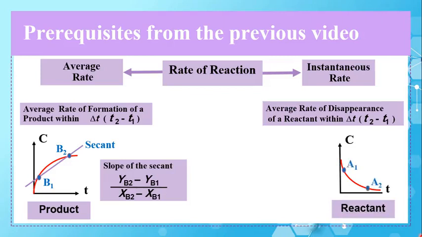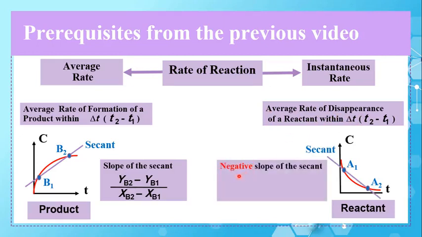We join these 2 points by a straight line, we get a secant, and the average rate of disappearance of the reactant within this interval of time will be equal to the negative slope of the secant equal to minus y of A2 minus y of A1 over x of A2 minus x of A1.